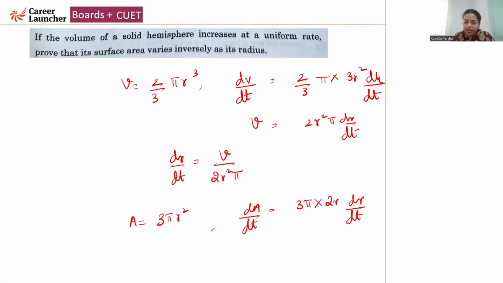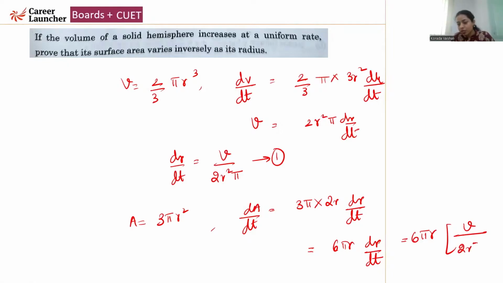So this is the value that you are getting. Now compare both of these values. इन दोनों वैल्यूज को कंपेयर करके देखिए that can we substitute the value of dr by dt from the first equation into the second. So how much are you getting? 2r square pi, and now solving this, pi is getting cancelled, r is getting cancelled, and ये 3 हो जाएगा.